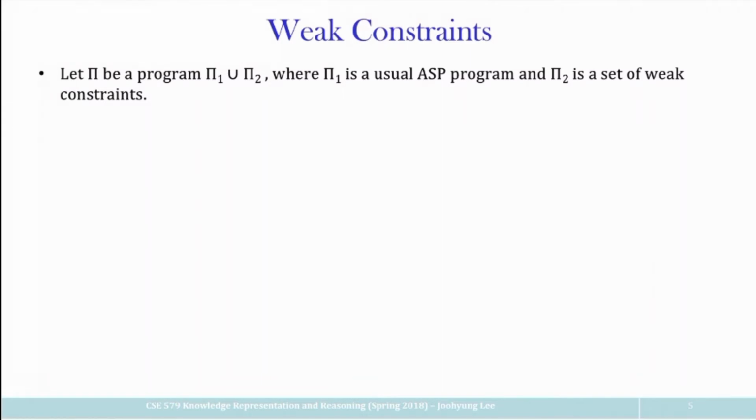On this, let's assume that the program is the union of these two. One is pi1, which is the usual ASP program that you have seen before. And pi2 consists of only the weak constraints. When we say a stable model, we are only looking at pi1, the standard ASP part.